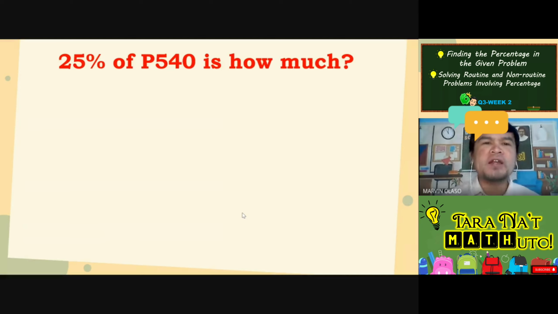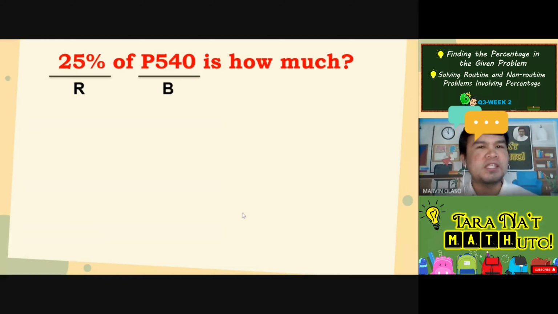25% of 540 pesos is how much? Again, let's identify what are the given numbers. 25%, obviously, because of the percent symbol, it is the R or the rate. 540 pesos is associated with the word of, so it is the base or letter B. Since we have B and R, obviously we are looking for the P or percentage.